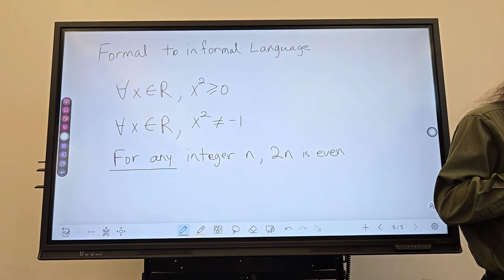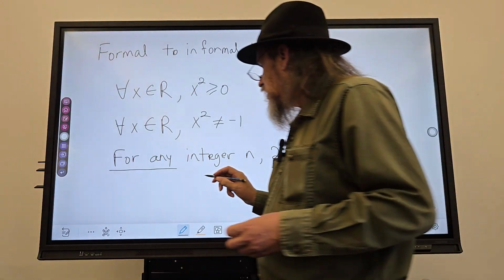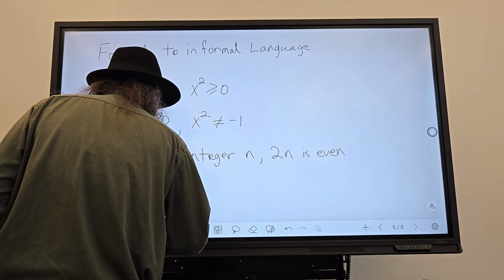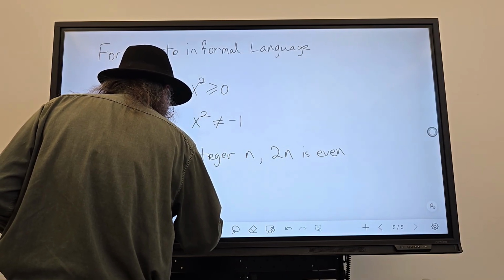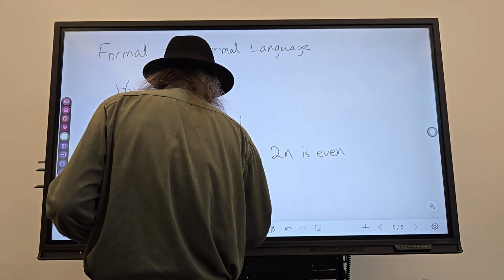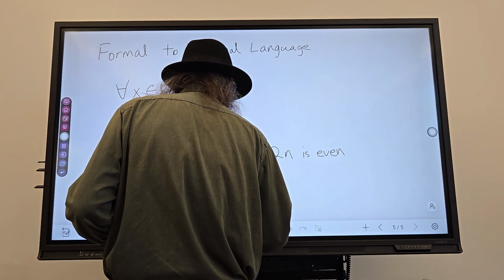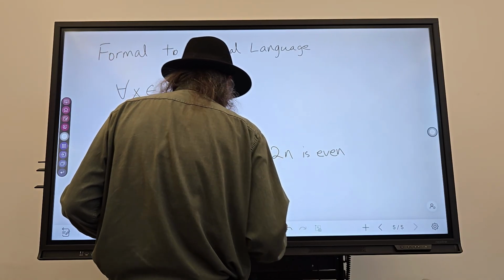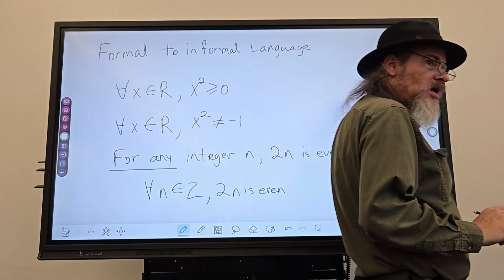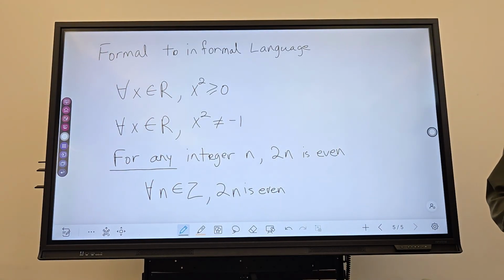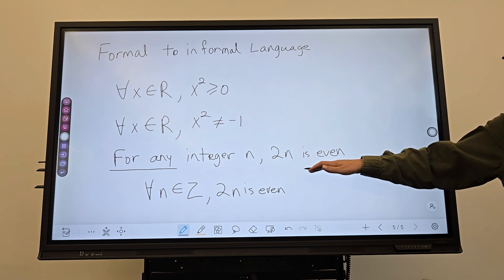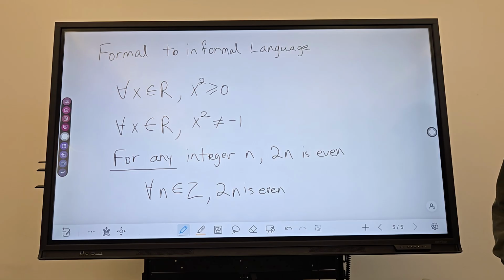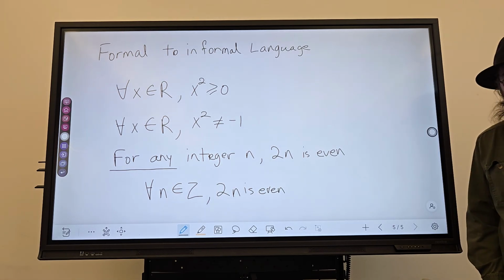Formally, you would say for all integers n, 2n is even. It's very clear what that means, and it could be read in different ways. For any integer n, 2n is even. For any integer, twice the integer is even.